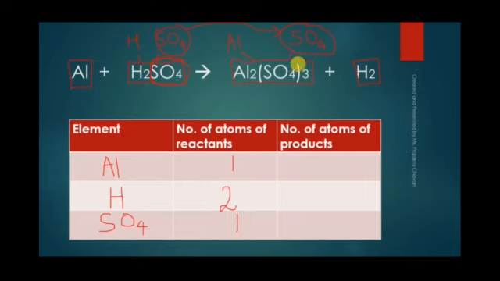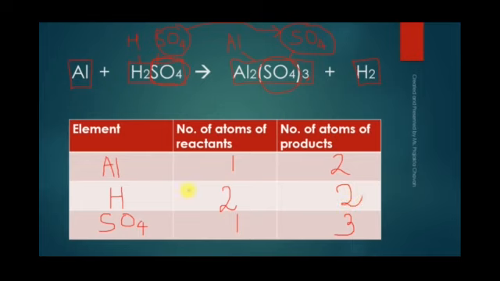But on the product side here, as you can see, there is a bracket for SO4. So this 3 indicates that there are 3 ions of SO4. So we write 3. Brilliant. Aluminium, hydrogen, 2 each. Good.